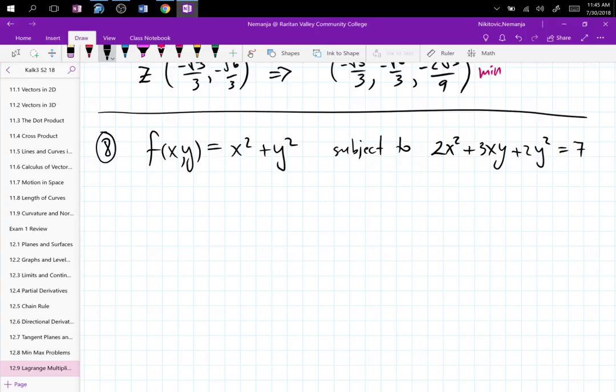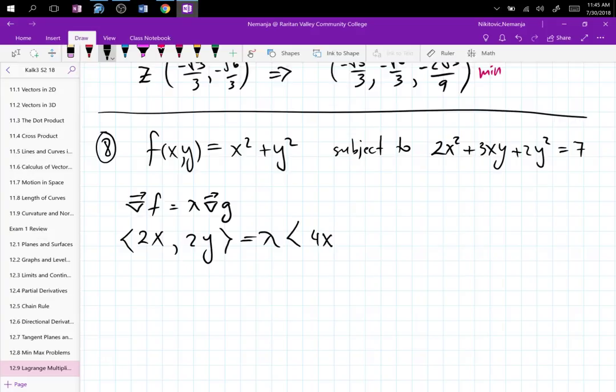Okay, let's take a look at this together. So I have del f equals lambda del g. So vector of partial derivatives 2x and then 2y is equal to lambda times 4x plus 3y, comma, 3x plus 4y.